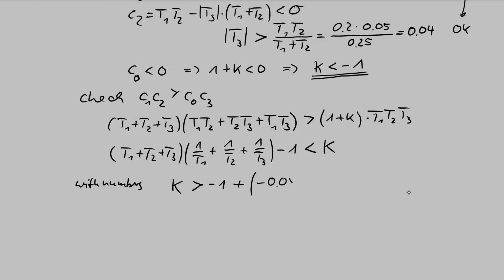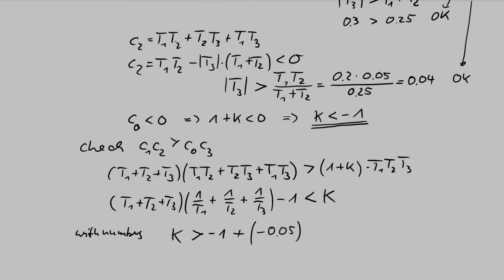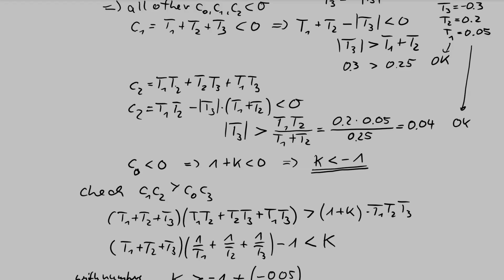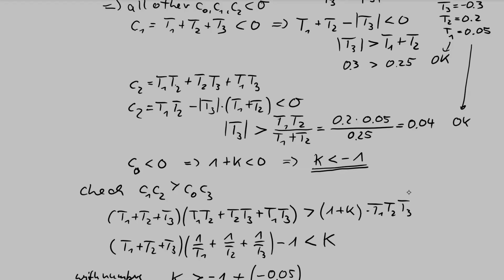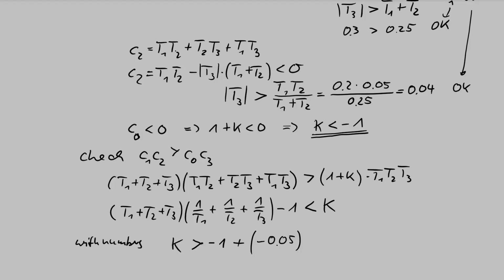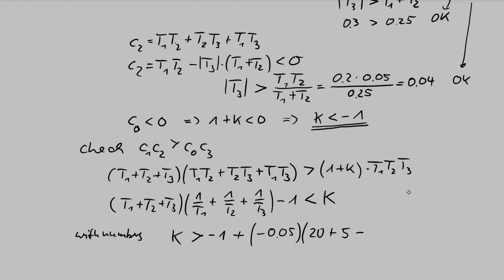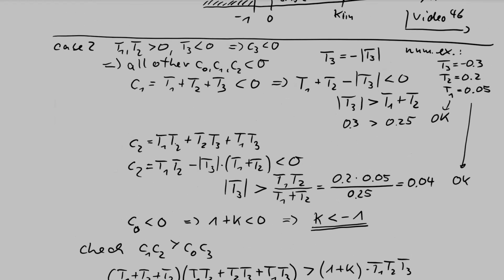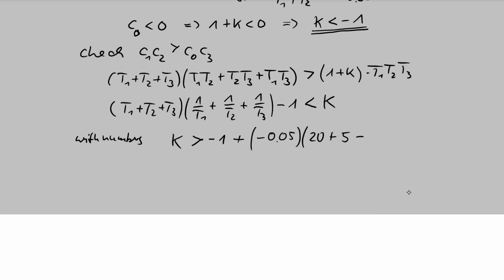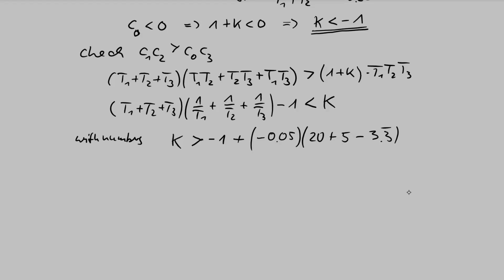Negative 0.05 multiplied with the sum of the inverse of the t's: 1 over t1 was 20, plus 1 over t2 is 5, negative 1 over 0.3 is 3.3 with a negative sign.